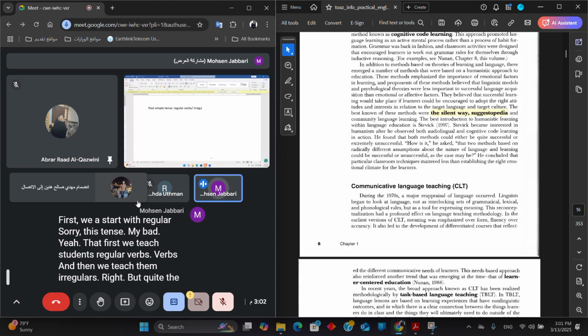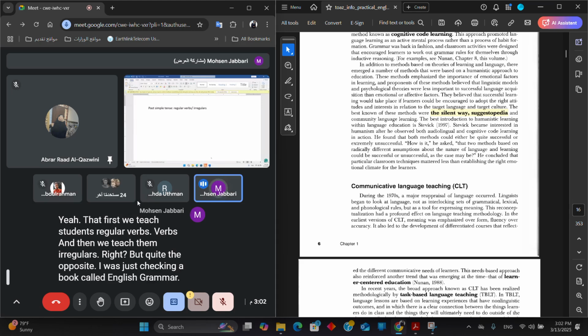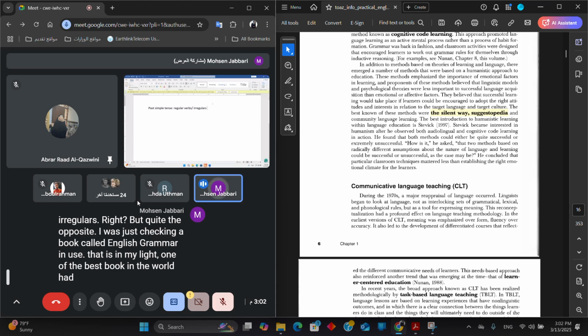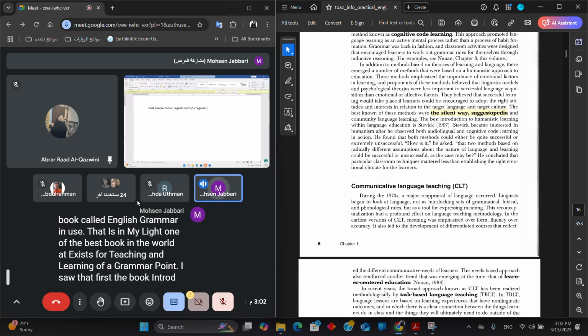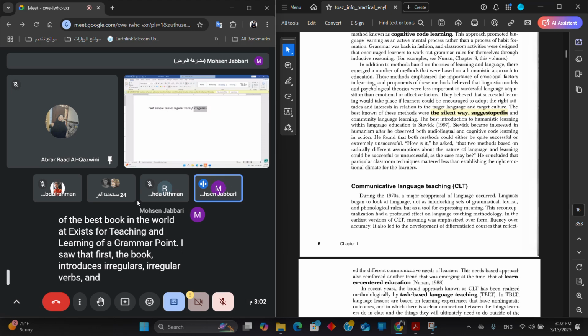But quite the opposite, I was just checking a book called English Grammar in Use, which is, in my opinion, one of the best books in the world for teaching and learning grammar points. I saw that the book first introduces irregular verbs, and then regular verbs.